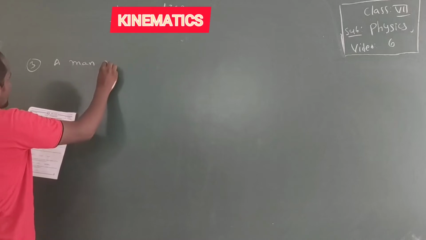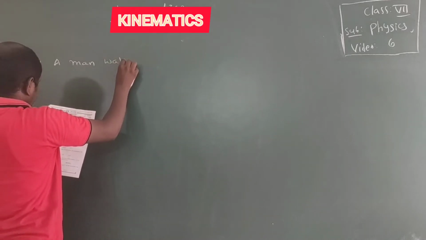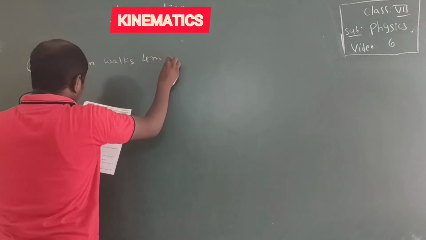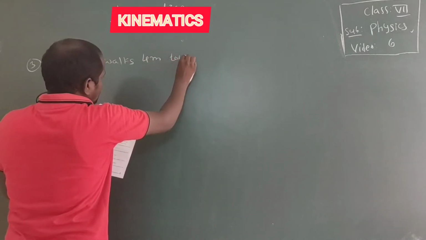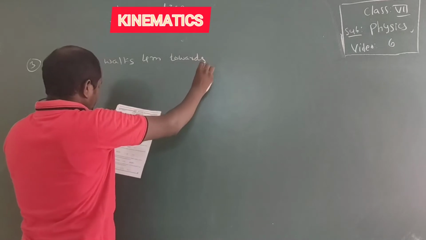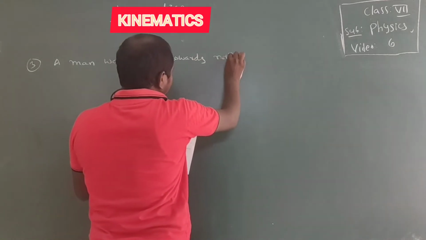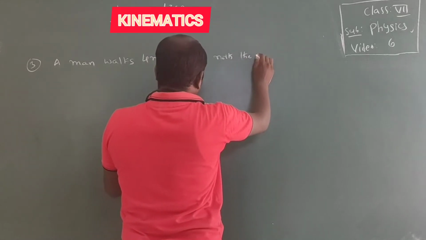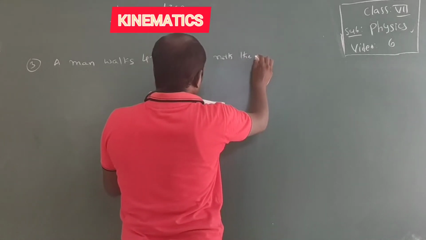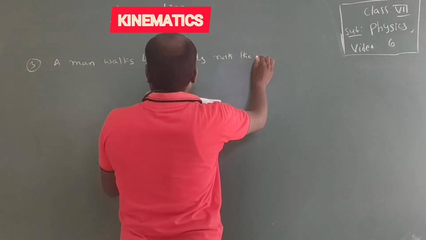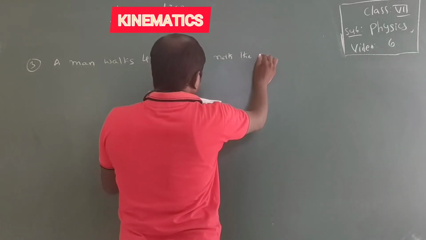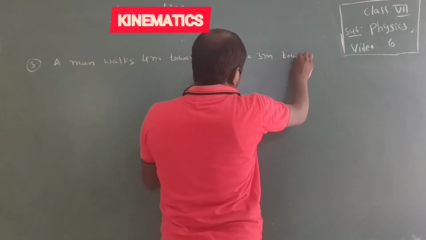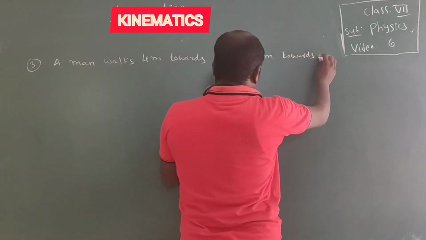A man walks 4 meters towards north, and then 3 meters towards east.